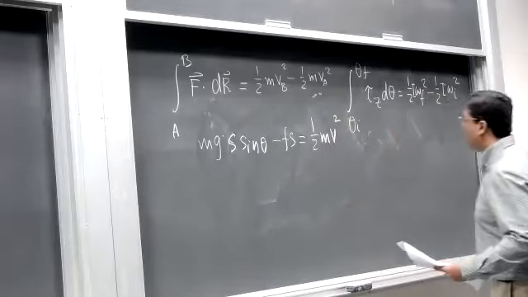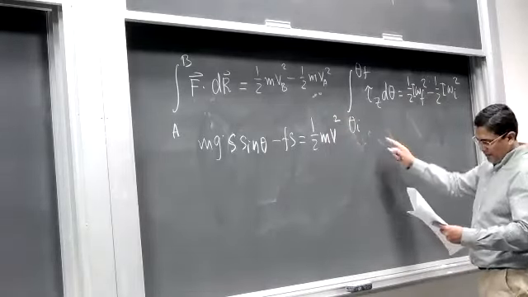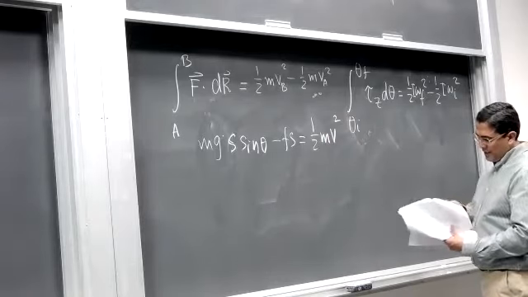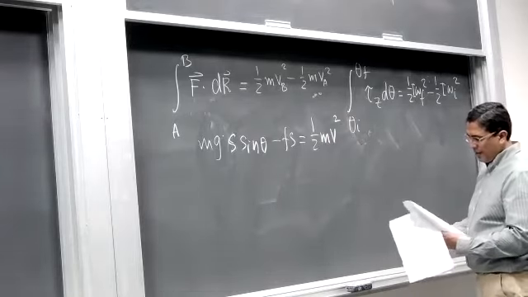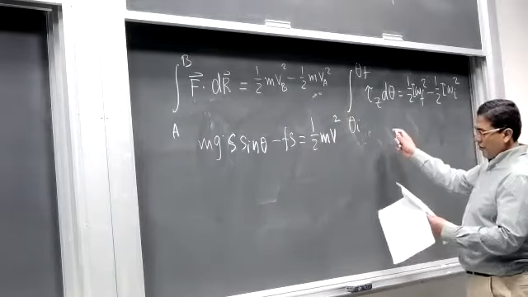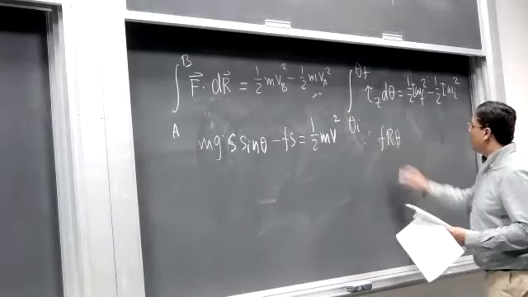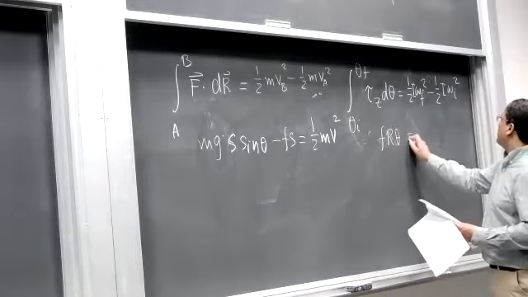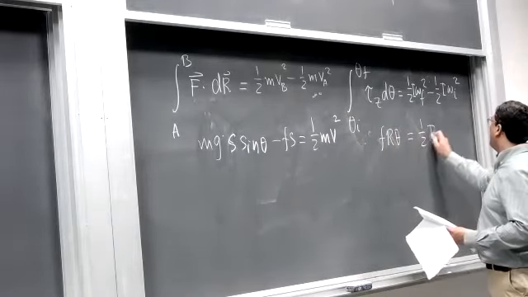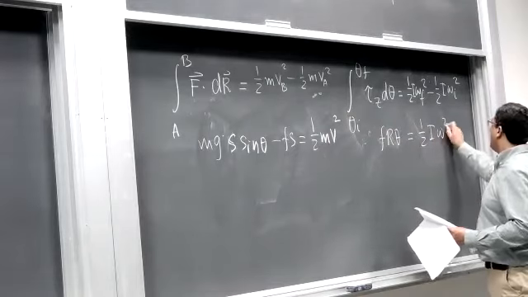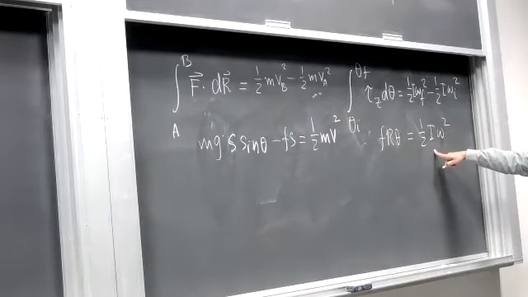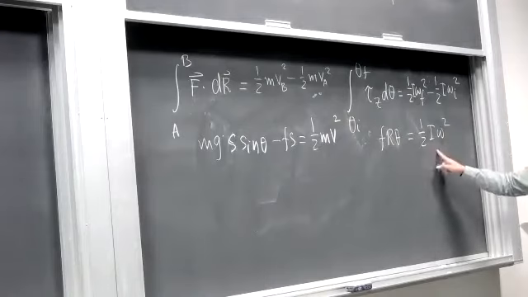v square. Okay, and on this side, what you have is the torque, which we just calculated, f r theta, and is equal to only half I omega square. Okay, f r theta.